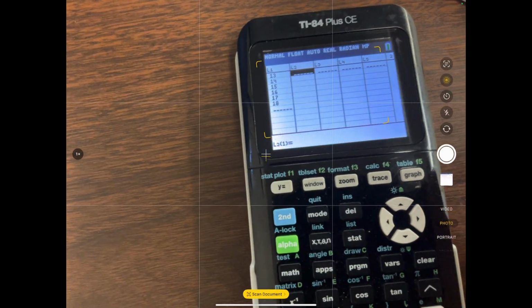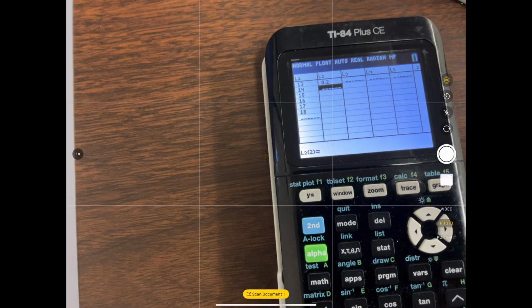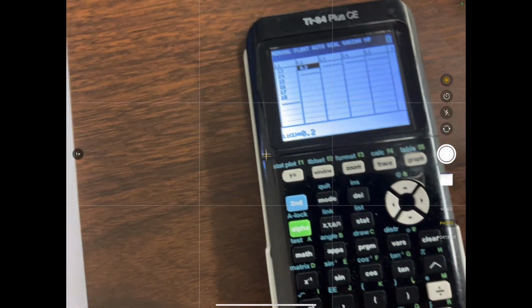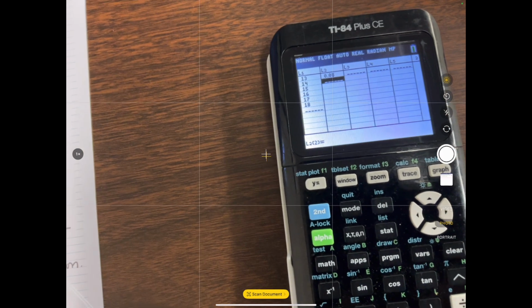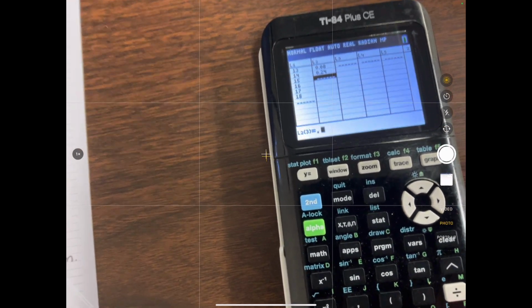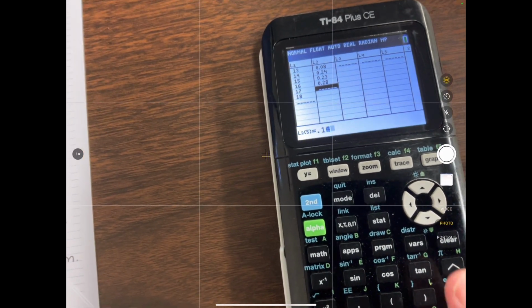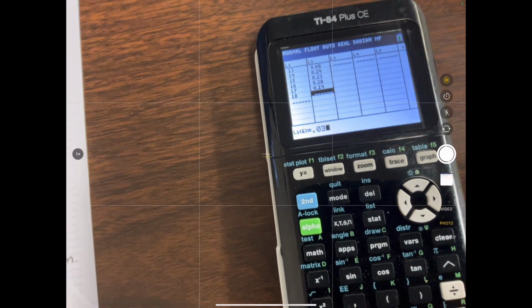And pretty much that probability is, not 0.2, 0.08. Then we've got 0.24, 0.23, 0.28, 0.14, and 0.03.